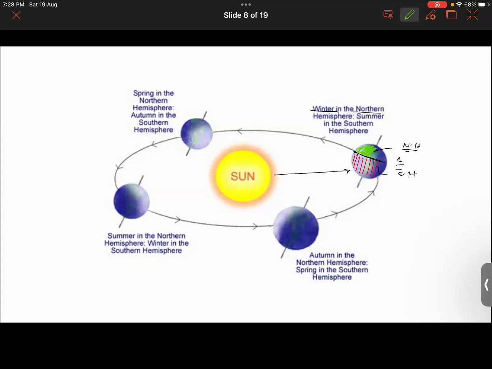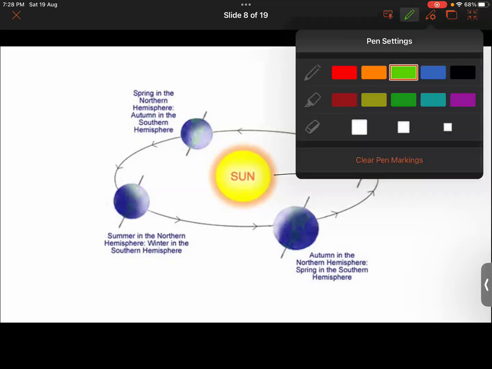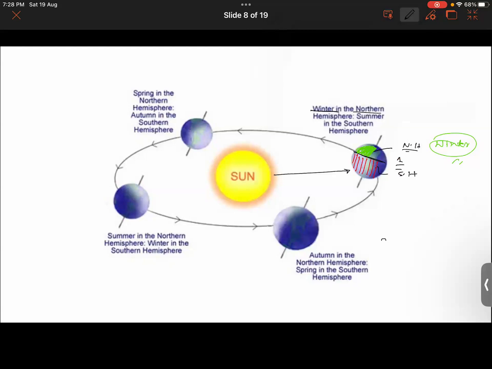So which hemisphere is receiving more insolation, guys? Obviously the southern hemisphere. So here we are seeing that there will be winter season in the northern hemisphere. Now look at this figure here, figure number 2.